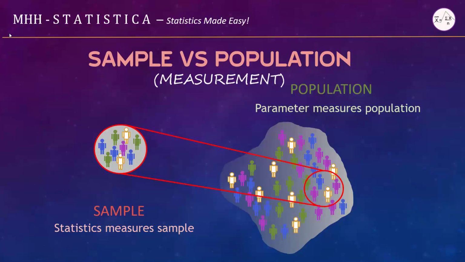Measurement: parameter measures a population, while statistics measures a sample. Parameter is a measure that describes the whole population, while statistics is a measure that describes a sample.